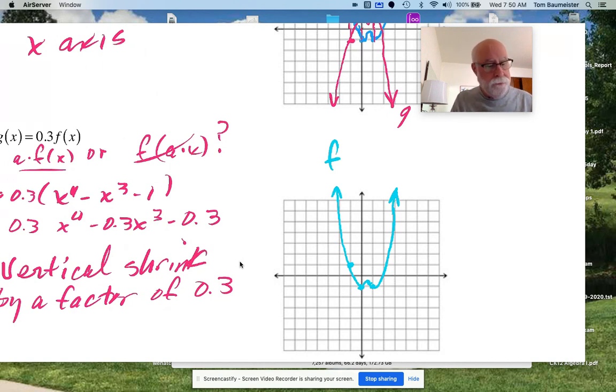So let me go back to the color. And it should look something like this. Remember, it's going to make it wider. So it's going to be right here and right here and right here.